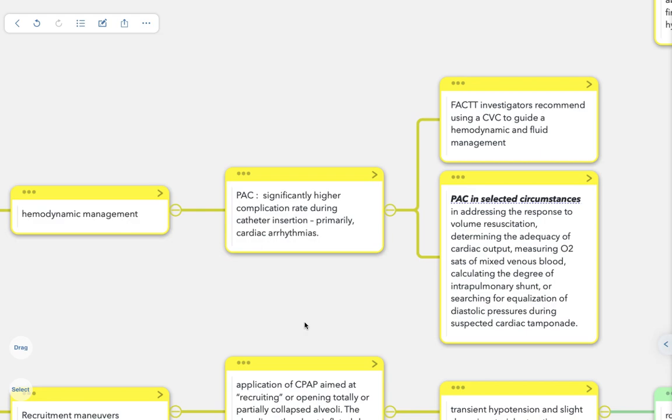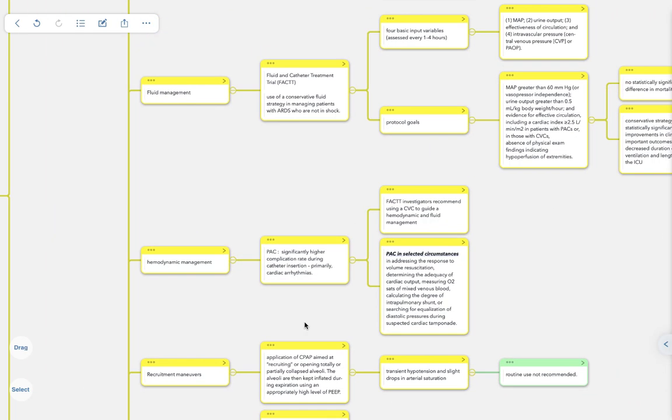But yes, at times you need to use the pulmonary artery catheters, especially in addressing the response to volume resuscitation, determining the adequacy of cardiac output, measuring oxygen saturations of mixed venous blood, calculating the degree of intrapulmonary shunt, or searching for equalization of diastolic pressures during suspected cardiac tamponade.